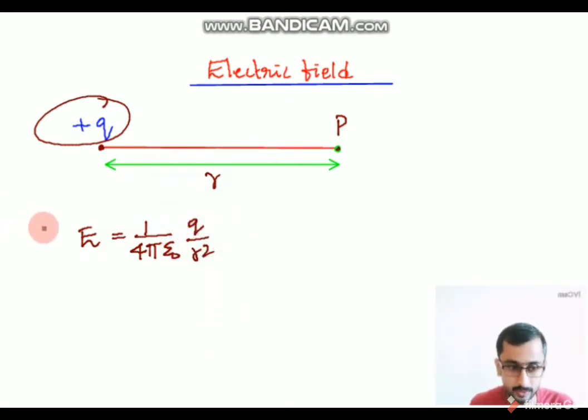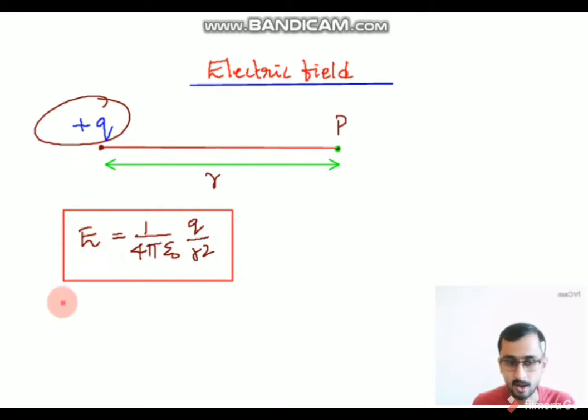Actually, it is a vector quantity. Electric field is a vector quantity, right? This is the expression for electric field due to a point charge at a distance r. I am writing just the magnitude.